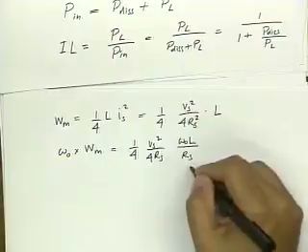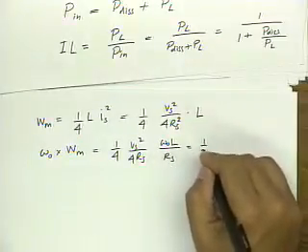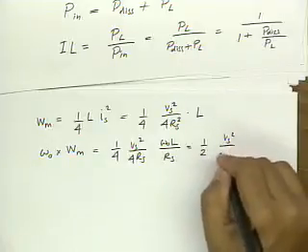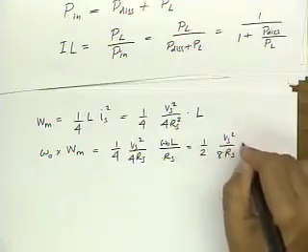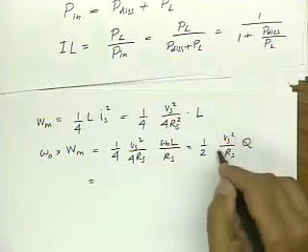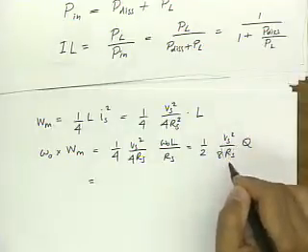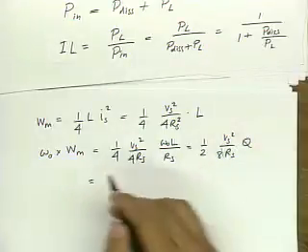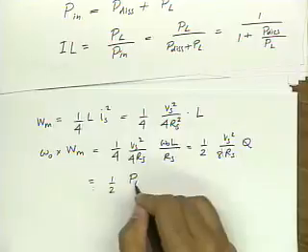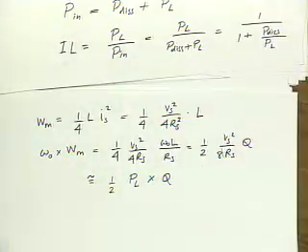Well, omega naught L over Rs is just Q, so I can write this as 1/2 Vs squared over 8Rs times Q. And to first order, this is the power that's going to the load, right? Under a matched condition, this is the available power from the load. So this is 1/2 the power that goes into the load times Q. Okay? That makes sense to everybody?